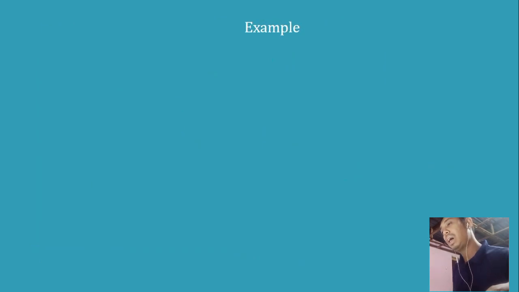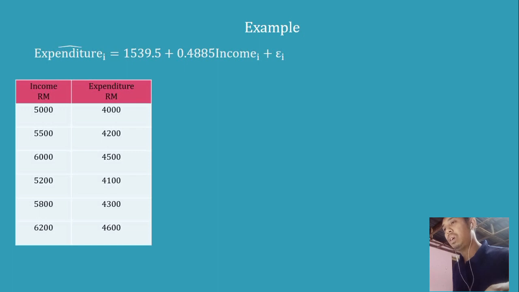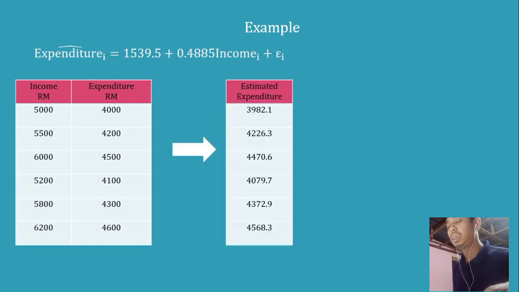Here I provide an example using two data series, income as the independent variable and expenditure as the dependent variable, or y variable. Then I estimate the result, where the estimation is shown as the following equation.